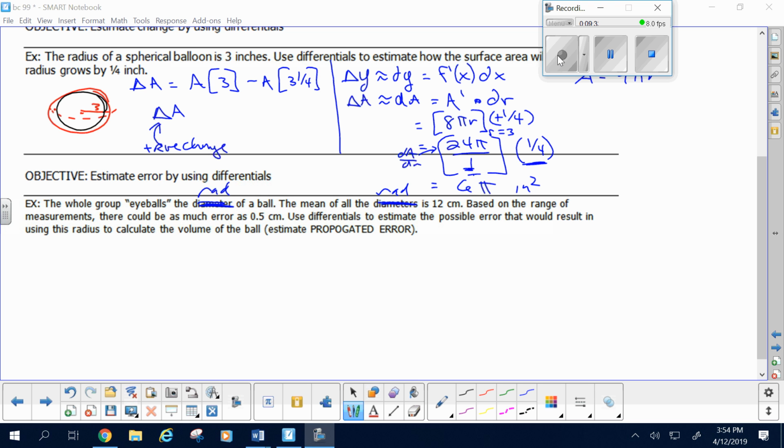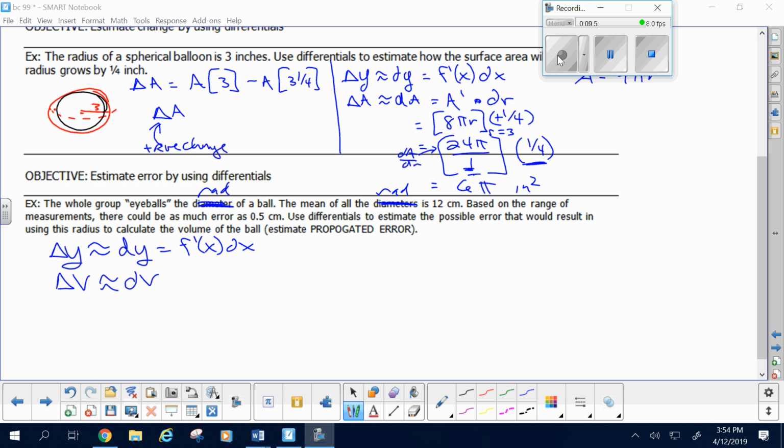So the idea, again, of the day, I'm going to keep writing it again and again, is delta y can be approximated by dy, and the differential dy is the derivative times change in x. Go to the problem specific, and in this case, instead of y, we're talking about the change in the volume can be approximated by dV.